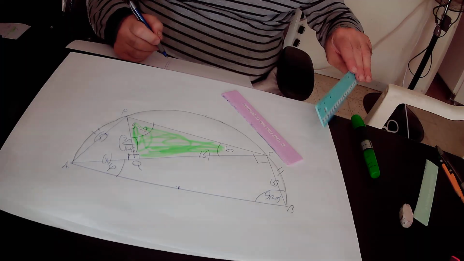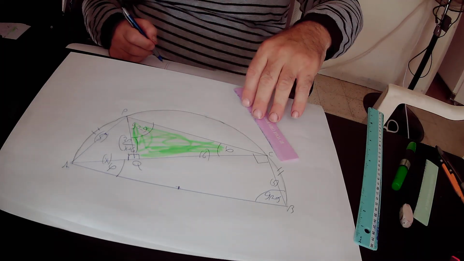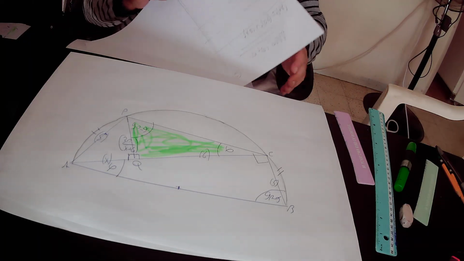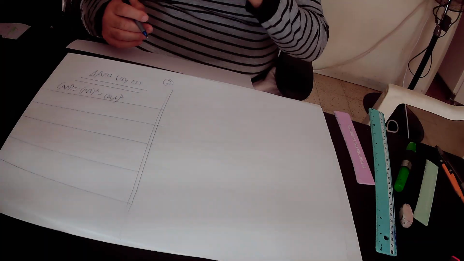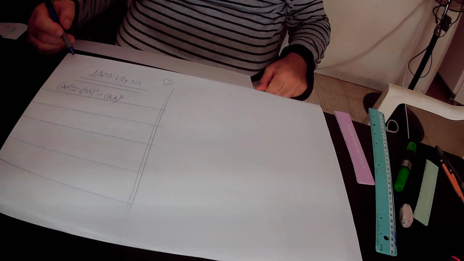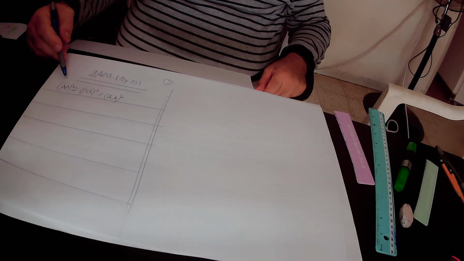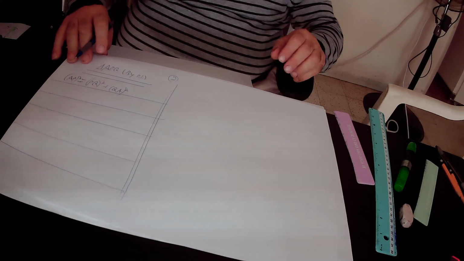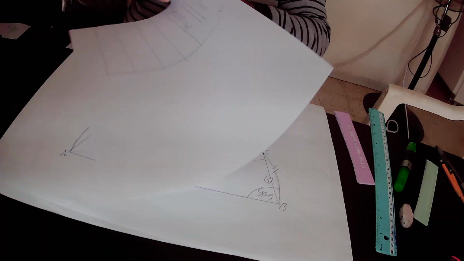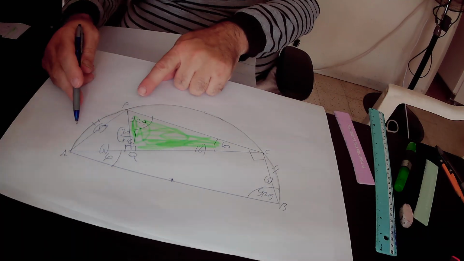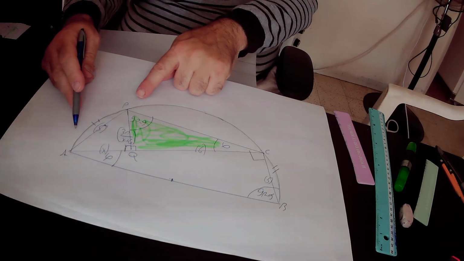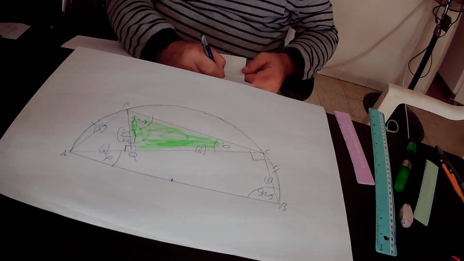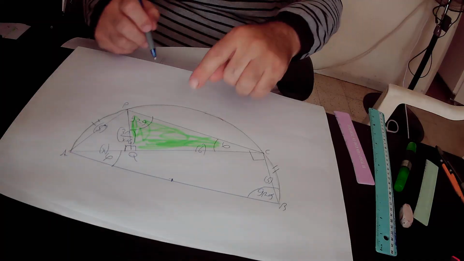Again, according to the Pythagoras theorem, in this right triangle APQ, AP squared equals PQ squared plus QA squared. The hypotenuse AP equals 5 units, and therefore AP squared is 5 squared, that is 25. And it is equal to PQ squared.